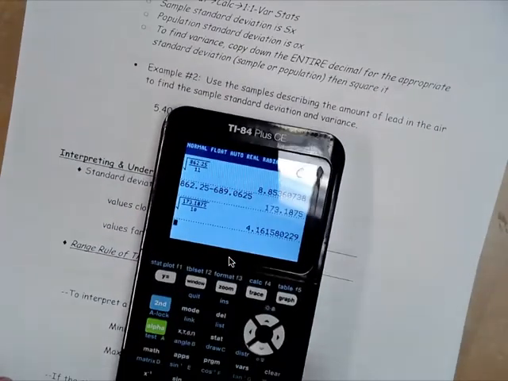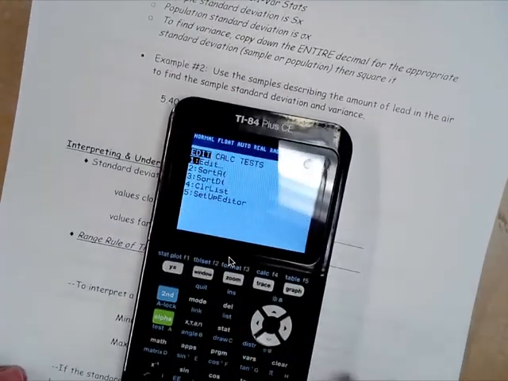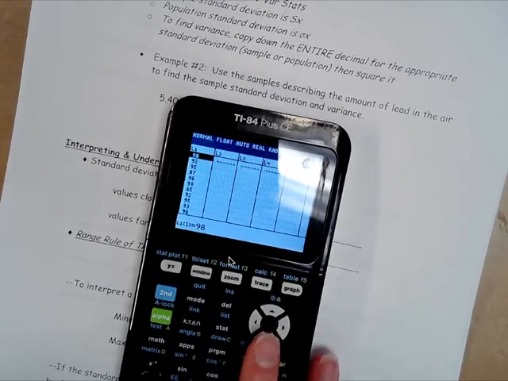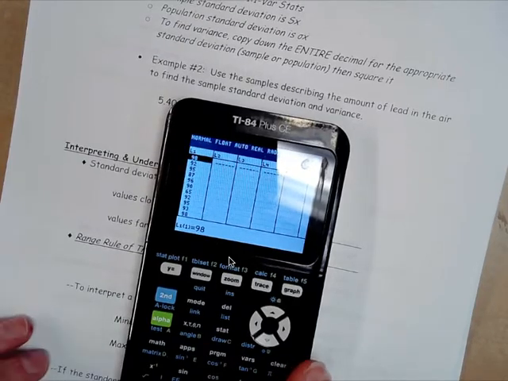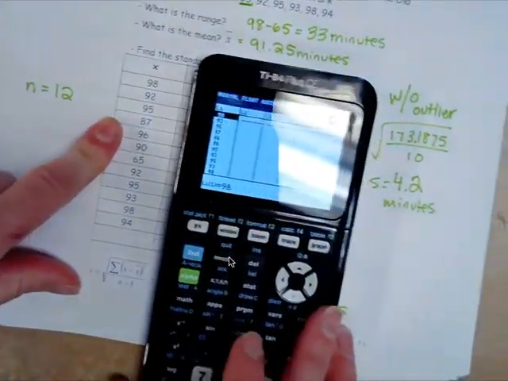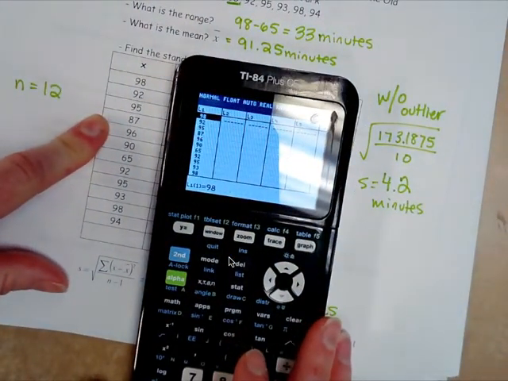So let's go to our stat, edit. I still have mine in my L1. Do you still have yours in L1 from the last lesson? If you don't, go ahead and put it in. So it's this data in L1.